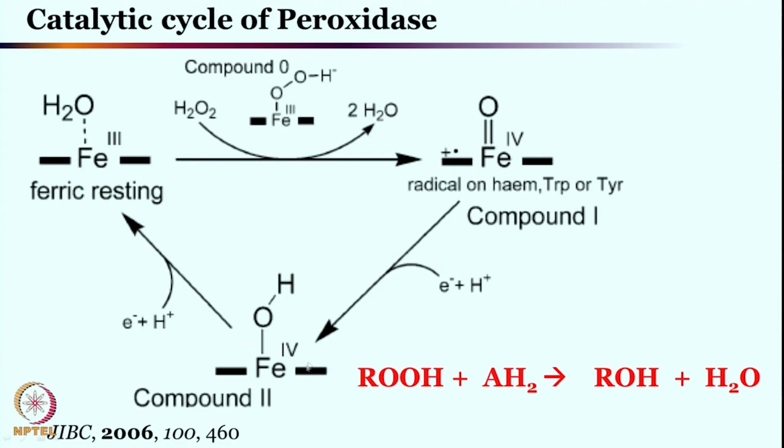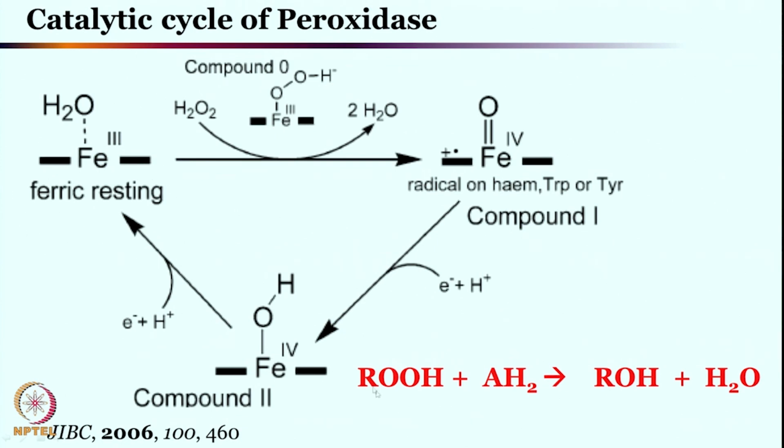We have seen this before in the same way in cytochrome P450. This iron 4 hydroxo without the radical cation on the porphyrin is known as compound 2. Okay. So, compound 0, compound 1 and compound 2. From there on, another equivalent of hydrogen atom, which is the combination of electron and proton, gives rise to the regeneration of the ferric resting state.